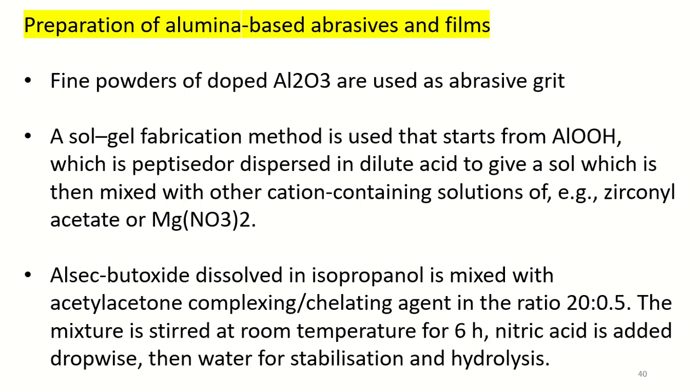The resulting mixture polymerizes to give a gel, which is dried and crushed to give fine particles with sharp edges caused by their fracture, and then fired to convert the particles into their oxides.